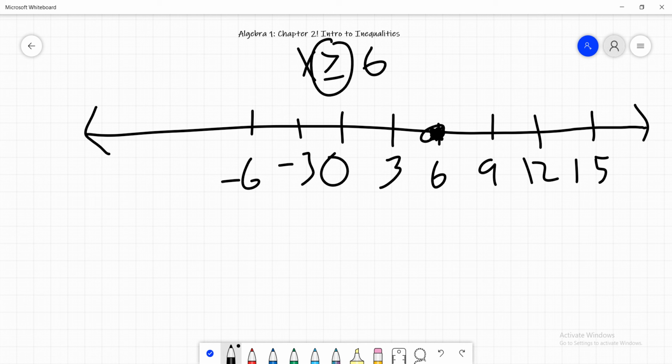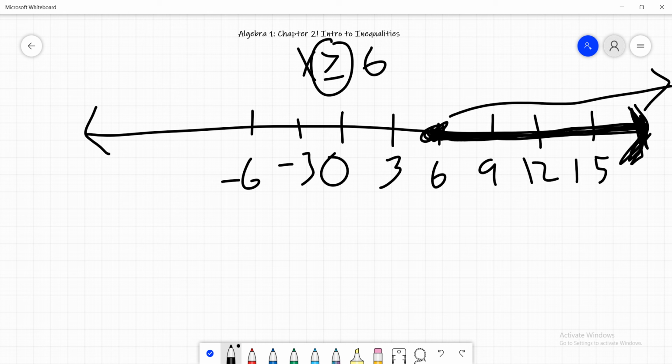And I'm going to extend it greater than 6, so to the right, and I'm just going to darken this side of the number line to show that any value of x is greater than or equal to 6. I'm marking that with the closed dot, and making sort of like a ray on the other side. This shows that all of these values all the way down is x.